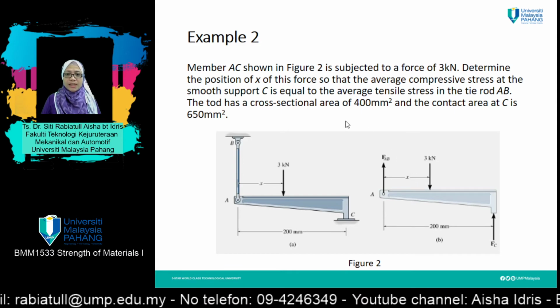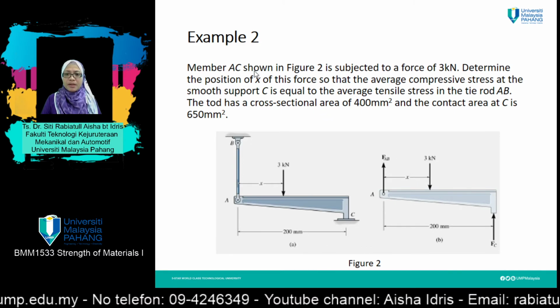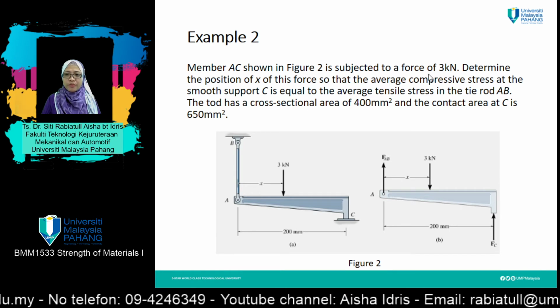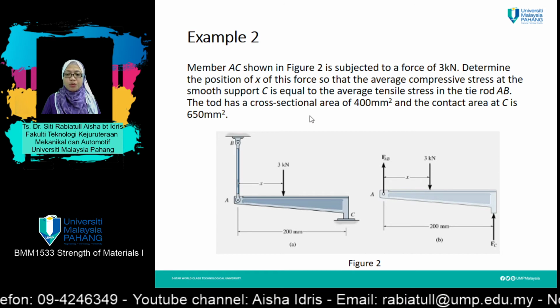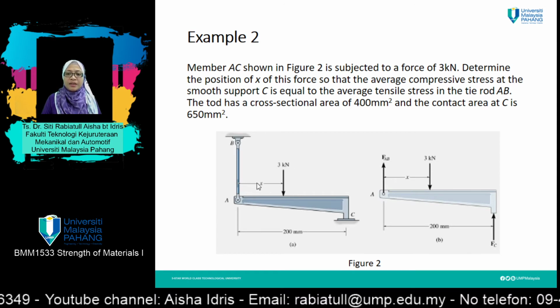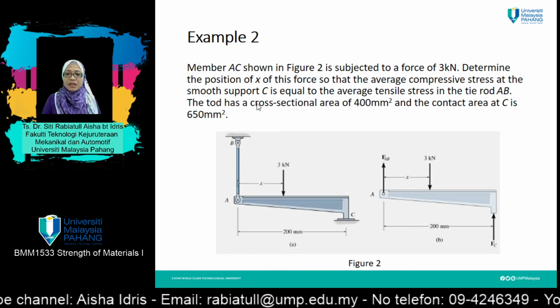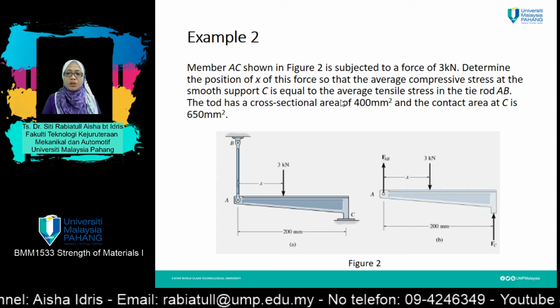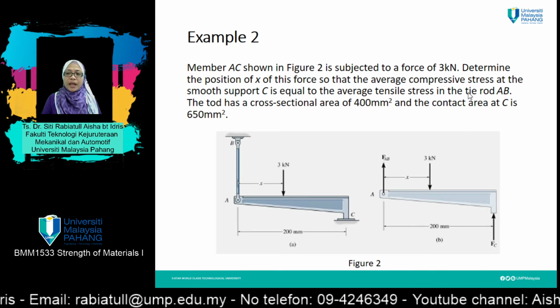As we refer to example number 2, member AC is subjected to a force of 3 kilonewton, and the question asks you to find the position X, so that the average compressive stress at smooth support C is equal to the average tensile stress in the tie rod AB.